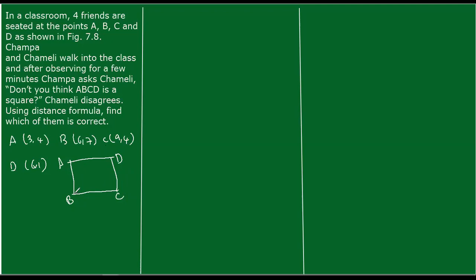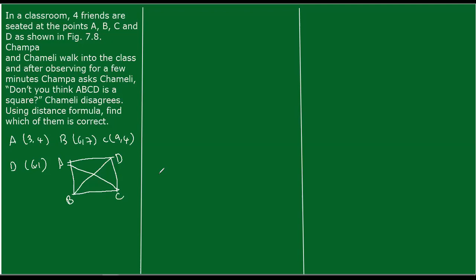Along with that, we have two diagonals, BD and AC. These two diagonals also must be equal. If these points satisfy these two conditions, then it is a square. Okay, so further we have to find the distances, right?